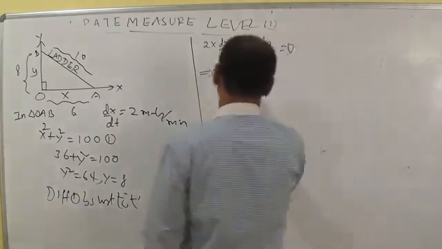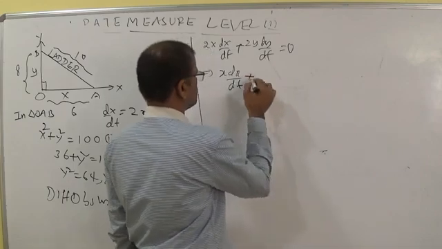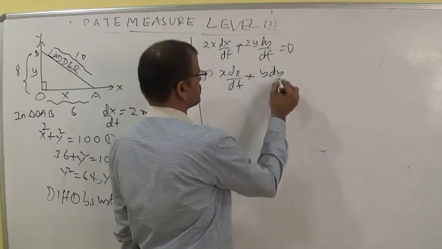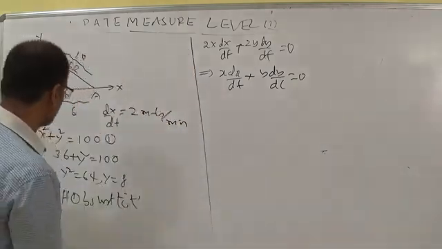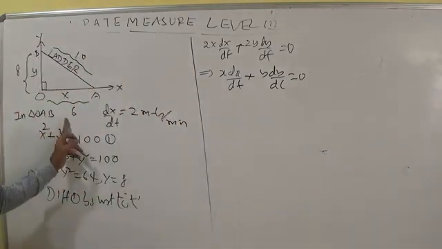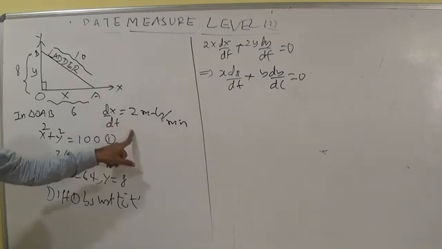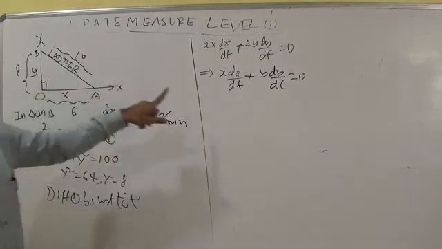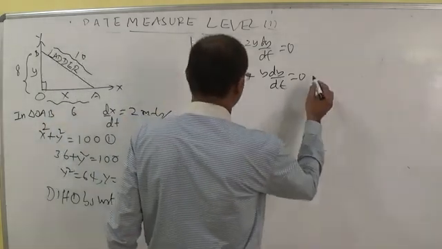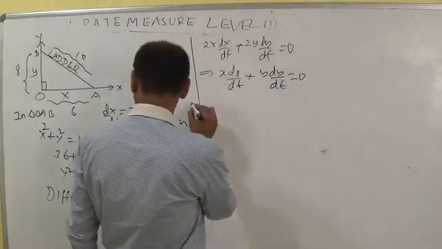Then here we can write x dx by dt plus y dy by dt is equal to 0. We have the value here: x is 6 he gave, dx by dt we also have, and y we also have.